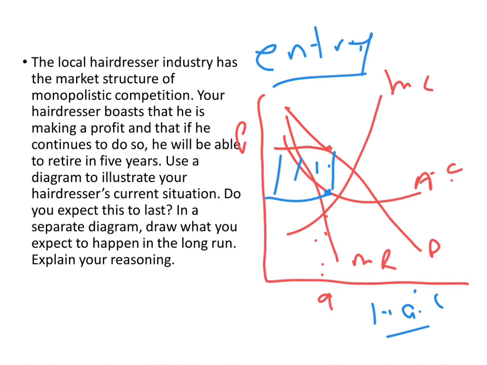As a result of the number of firms coming in, the demand curve for this hairdresser is going to be affected. They're going to receive less demand, less market share, and we'll see the demand curve shift until the point where the firm is breaking even.